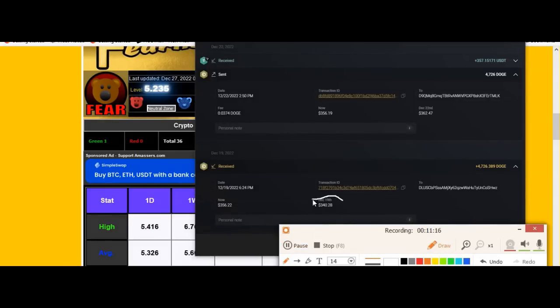That's 340 right there, and eventually I sold that back. Remember, what did I start with? 340 over here. I came over here and traded it back 3 days later, and it's 357. So there are two real world examples.